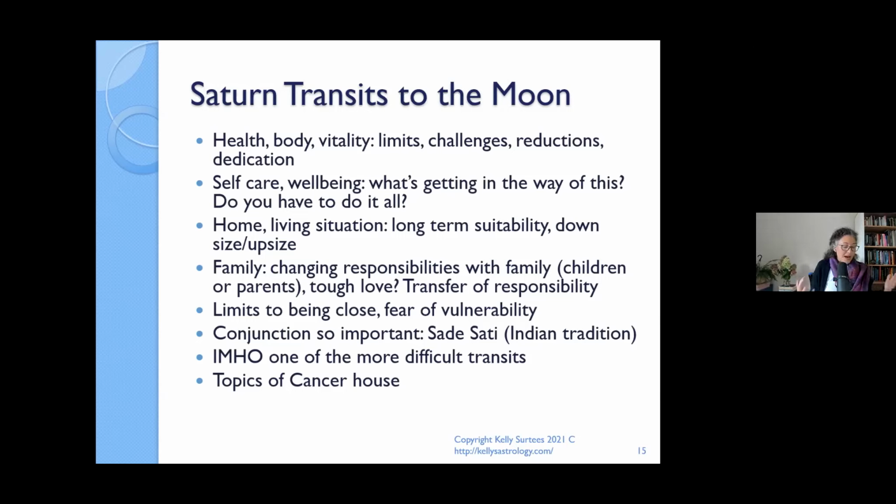That would have some physical implication and some emotional implication as well. So keeping in mind that the body is going to be part of the Saturn transit to the moon, we could be dealing with limits or challenges or reductions to our physical health and vitality. Some of those will be age related and some of those will just be simply a little challenging. There can be a quality of rededicating yourself to caring for your body, as we saw in our earlier example.